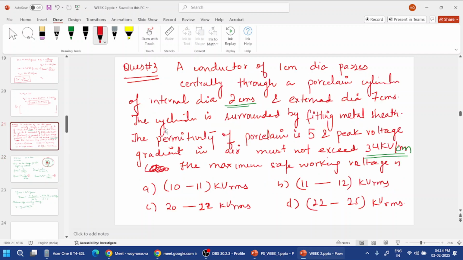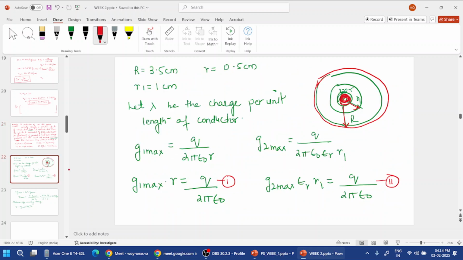We have to calculate the maximum working voltage. So what we have said here, its internal radius is R1. R1 is porcelain. Okay, let me write it down. Porcelain cylinder internal radius. Okay, then either we can use capital R or small r.